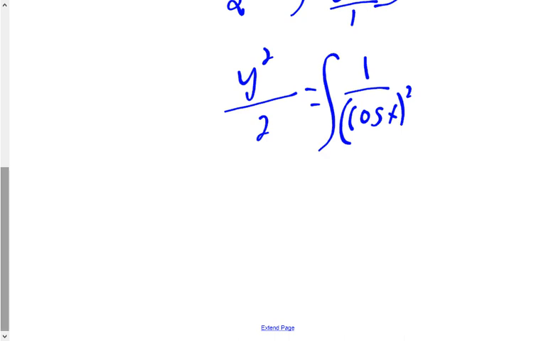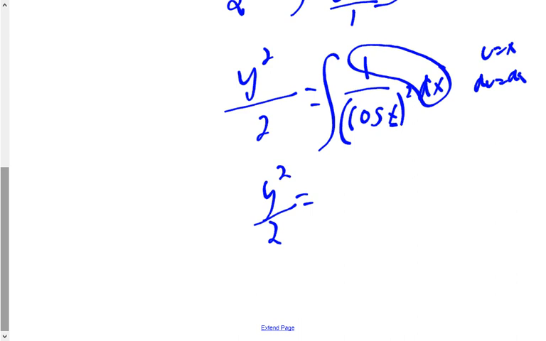So now I get y squared over 2. And then this would be dx. Sorry, I forgot my dx. First of all, u would normally be x. So if u is x, then du is dx. So I'm good with 1 dx here.